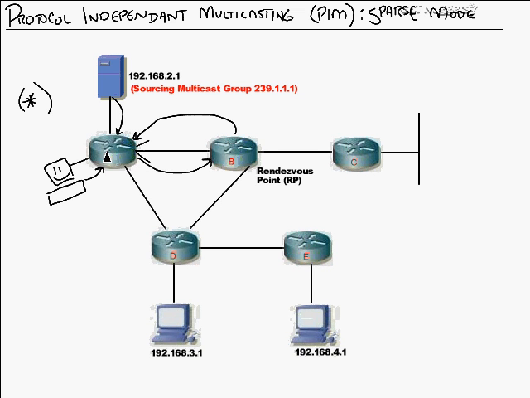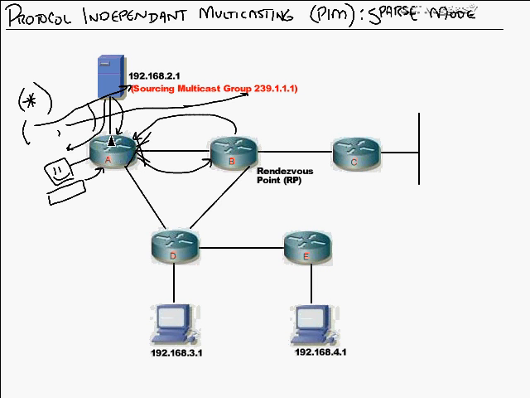But that'll only happen for a moment until router A gets that source and has the chance to figure out, well, wait a sec. That source IP of 192.168.2.1, sourcing the multicast group 239.1.1.1, well, they're right next to me. So it will very quickly figure out, you know what, I don't need to go that way. I can just source it directly through here.